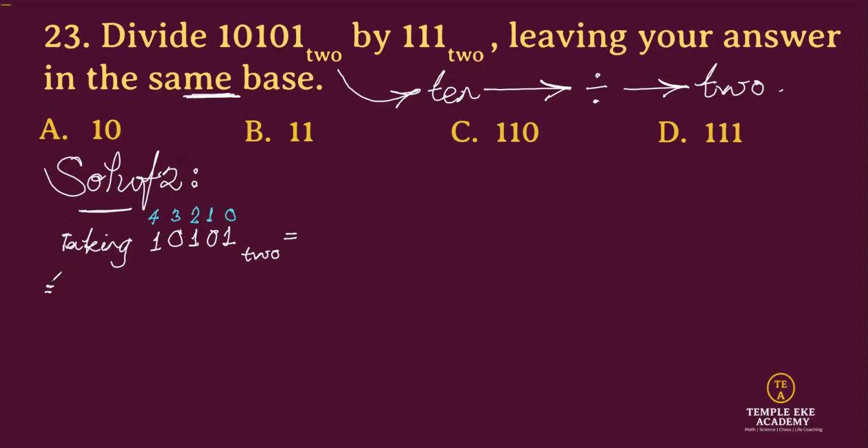So let's go. The first digit is 1 multiplied by the given base, base 2, raised to the power of the exponent on that 1, which is 4. And then plus, the next digit is a 0, which means we're going to write 0 multiplying a number, which will give 0. 0 multiplying any number gives 0. So we can bypass the part of the calculation that involves the digit 0 and move into the next one.